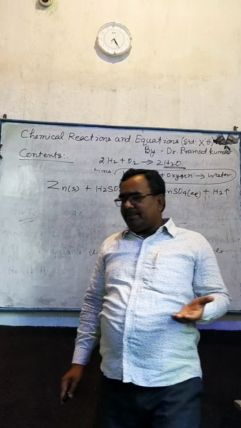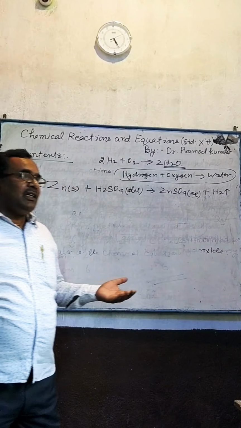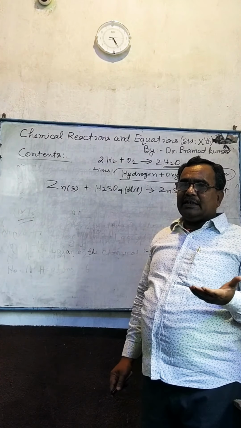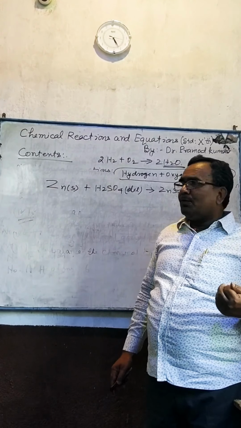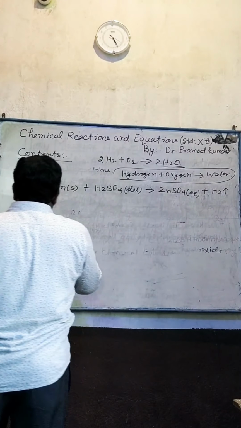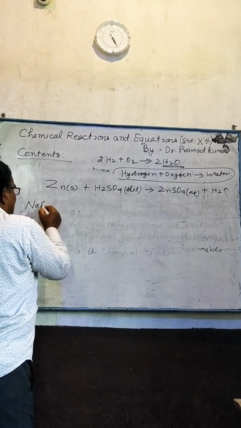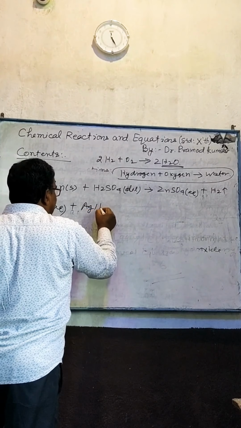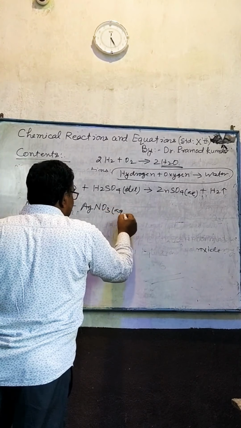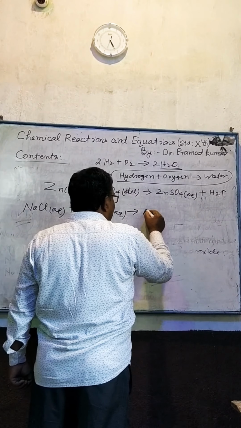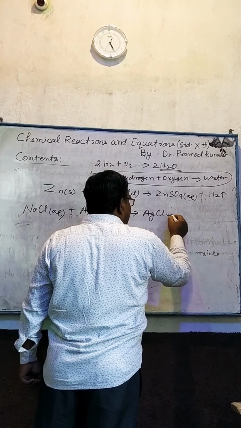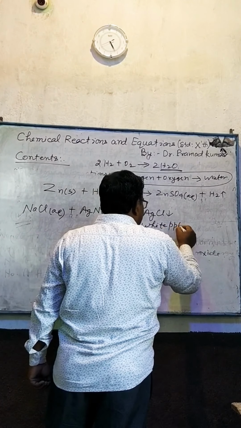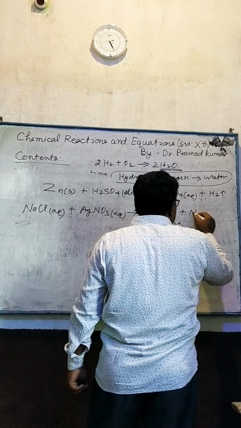Now, the last observation is that in some chemical reactions, a precipitate is formed. Precipitate is an insoluble substance. For example, if we add aqueous solution of sodium chloride to aqueous solution of silver nitrate, it forms silver chloride, a white precipitate, PPT meaning precipitate, plus sodium nitrate, aqueous.